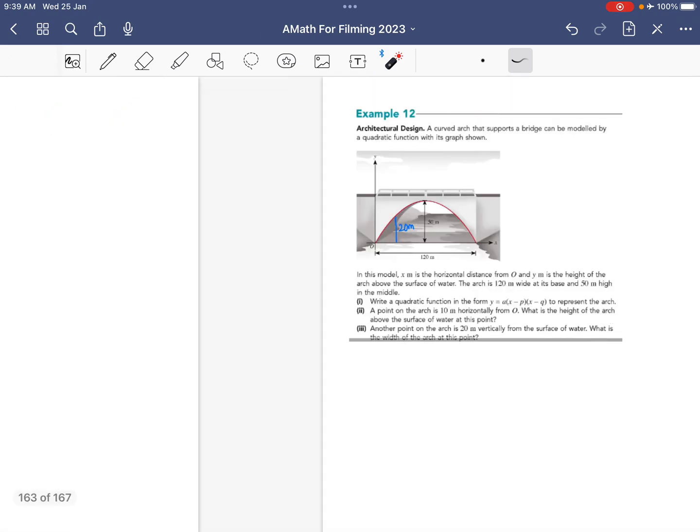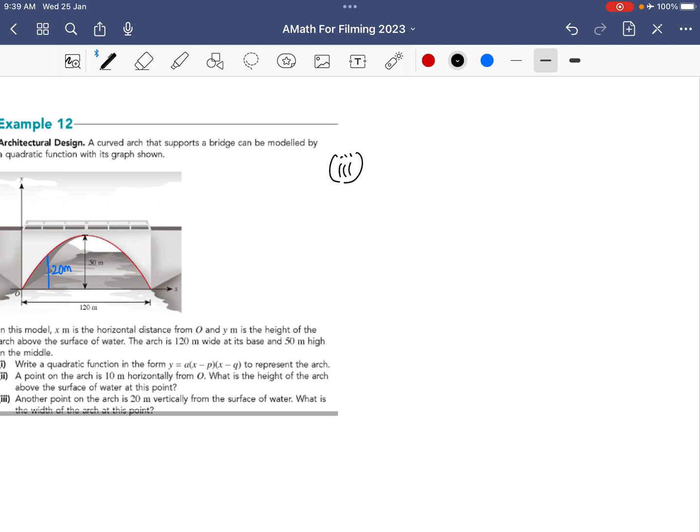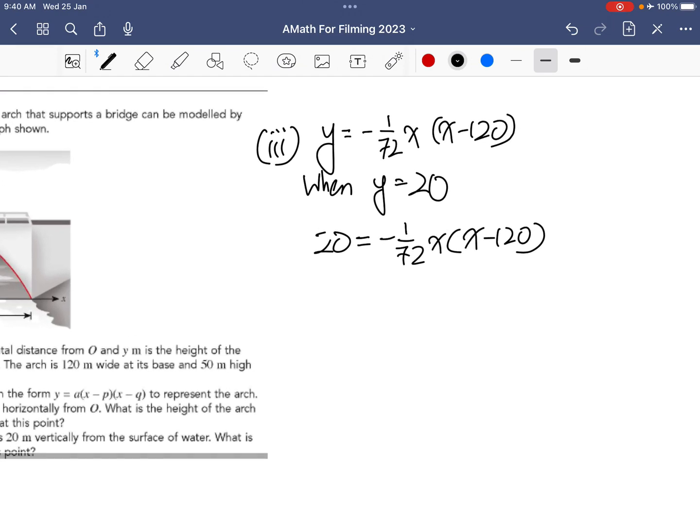Now I will go to the next page. In part 3 itself, my equation again is y equals negative 1 over 72 x (x minus 120), when my y value is equal to 20. So I get 20 equals negative 1 over 72 x (x minus 120).